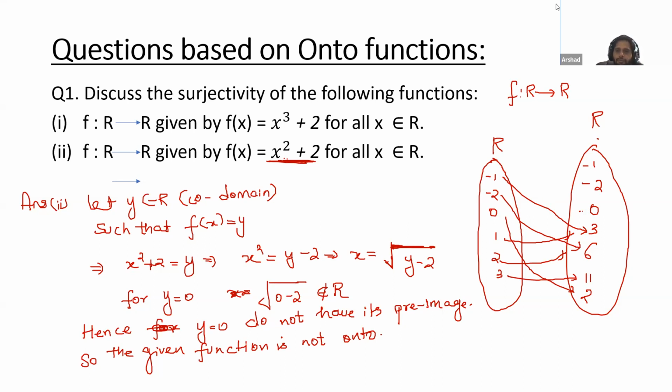I will give you just 1 minute for this one. Please note this down and then raise your hand.